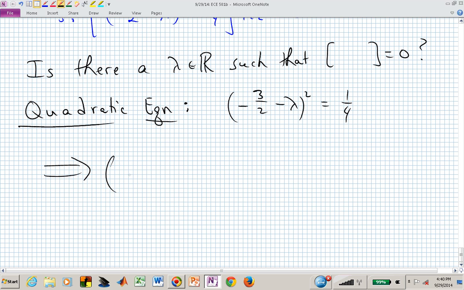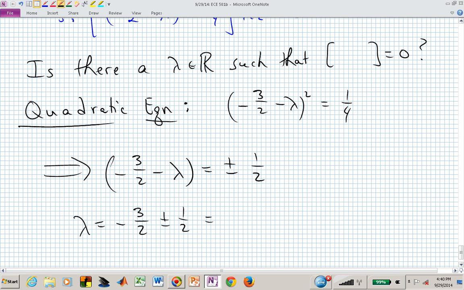Or we could get that same result by saying, let's take the square root of both sides. We now have minus 3 halves minus lambda equaling plus or minus the square root of 1/4, which is plus or minus 1/2. Now if we solve for lambda, adding lambda to both sides and subtracting and adding 1/2 to both sides, we end up with lambda being equal to minus 3/2 plus and minus 1/2.